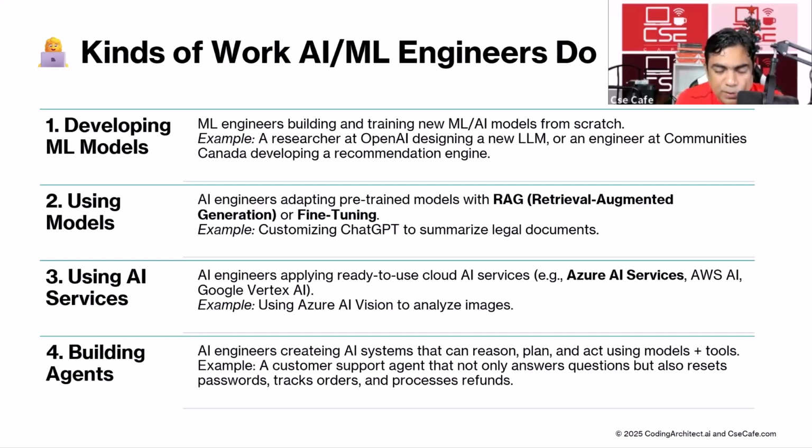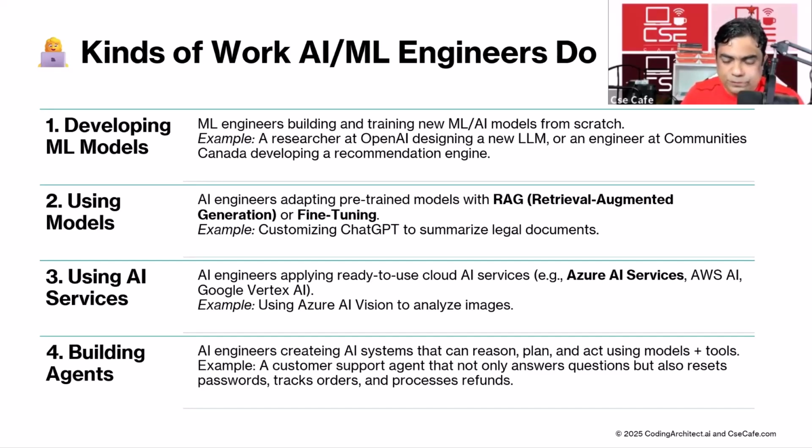When you use those models, you can simply use them without any modification. For example, you have an AI agent, and within that AI agent, you use some model from OpenAI or some other company, without any modification.